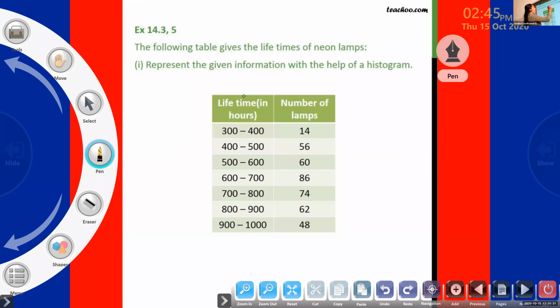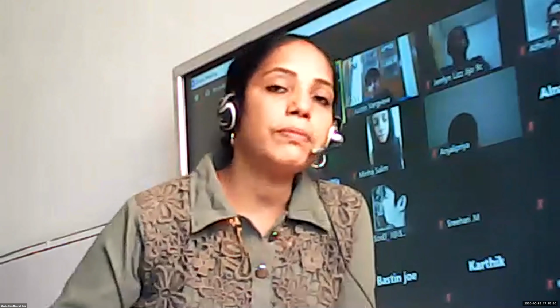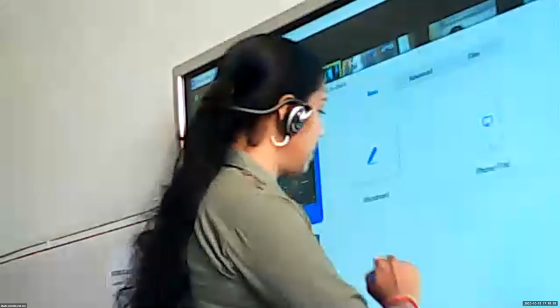Listen, all of you. In a histogram, we connect the bars to the y-axis, that is 0 to 10, or 0 to 100. It should start from 0. But in some cases it will not start from 0. It starts from some other data, so it is not continuous. I'll show this.